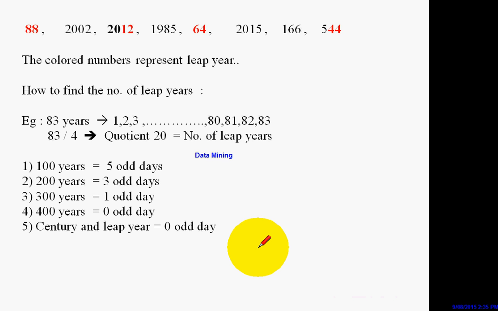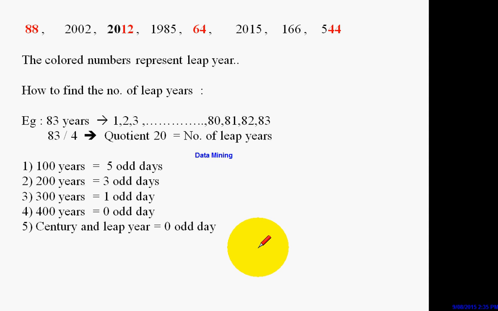See other few examples here. I have given the years. I have mentioned only the last two digits over here: 88, 2002, 2012, 1985, 64, 2015, 166 and 544.